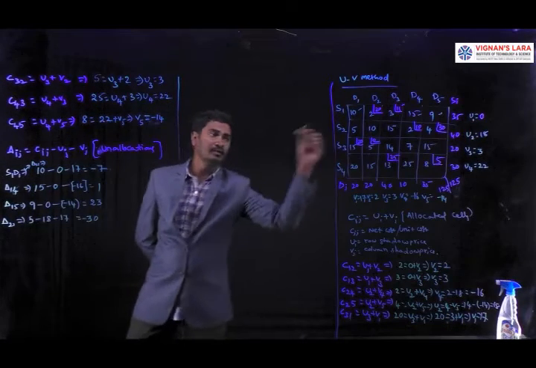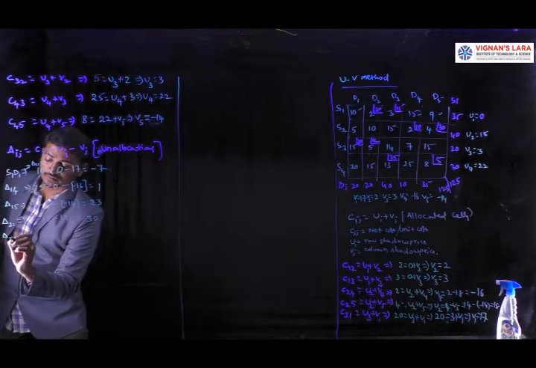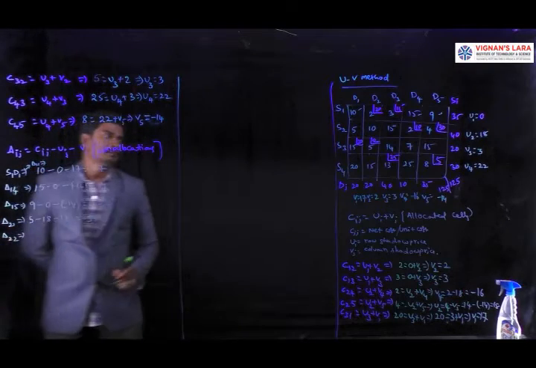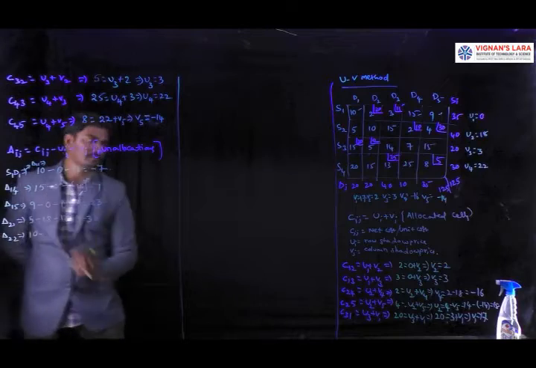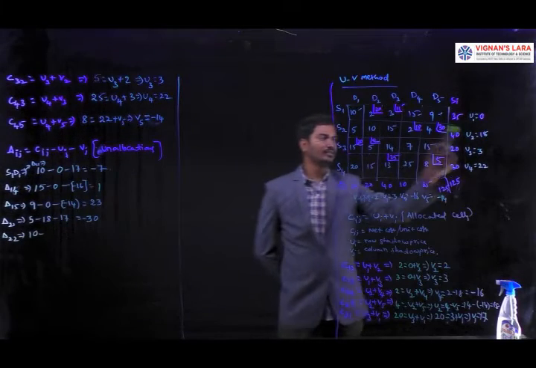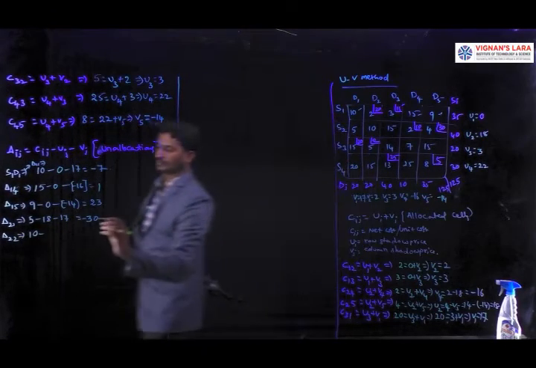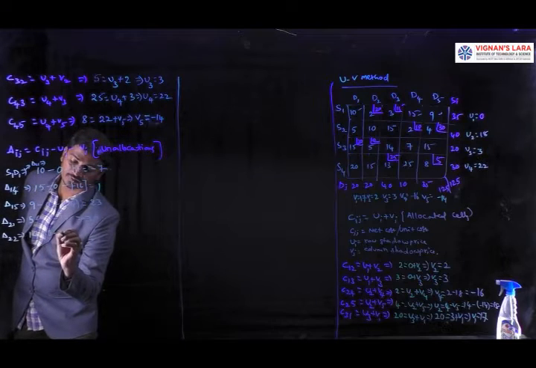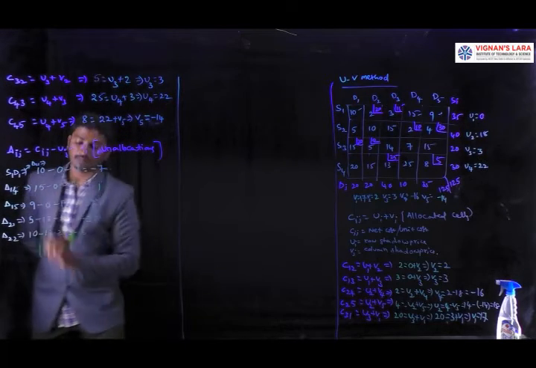Next, here we have another one, delta 22. It is 10 minus U2, which is 18, minus V2, which is 2. 10 minus 18 minus 2, that is equal to minus 10.